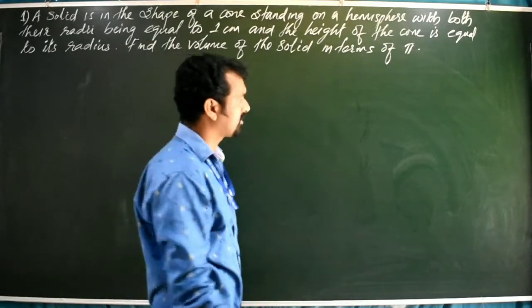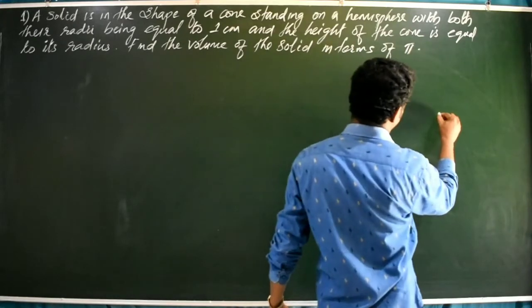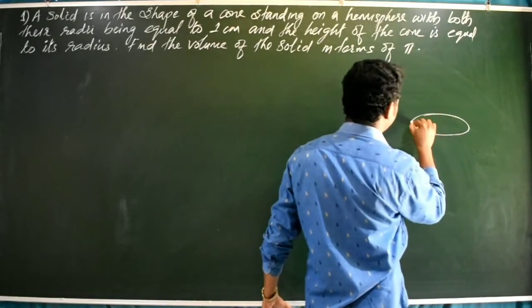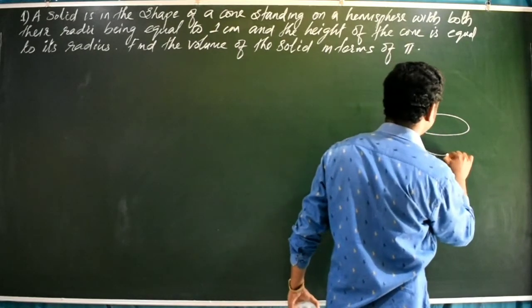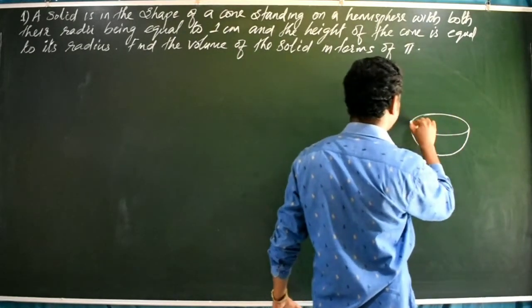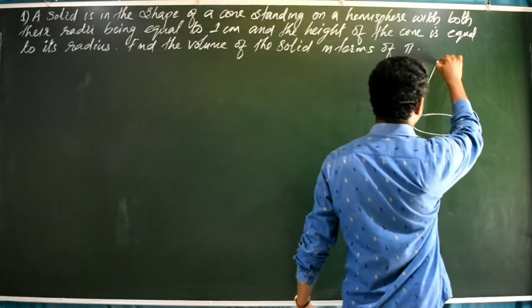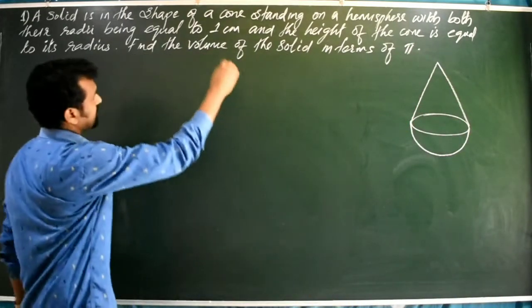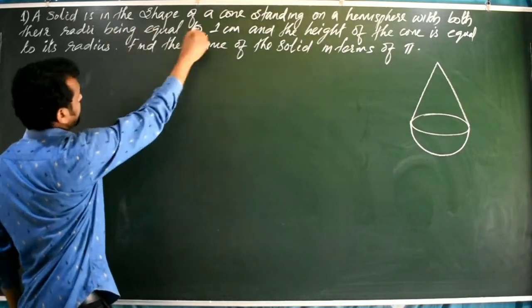First, we have to draw the figure. Draw a hemisphere, and above that a cone. This is the solid, and it is given that both radii are equal to 1 centimeter.